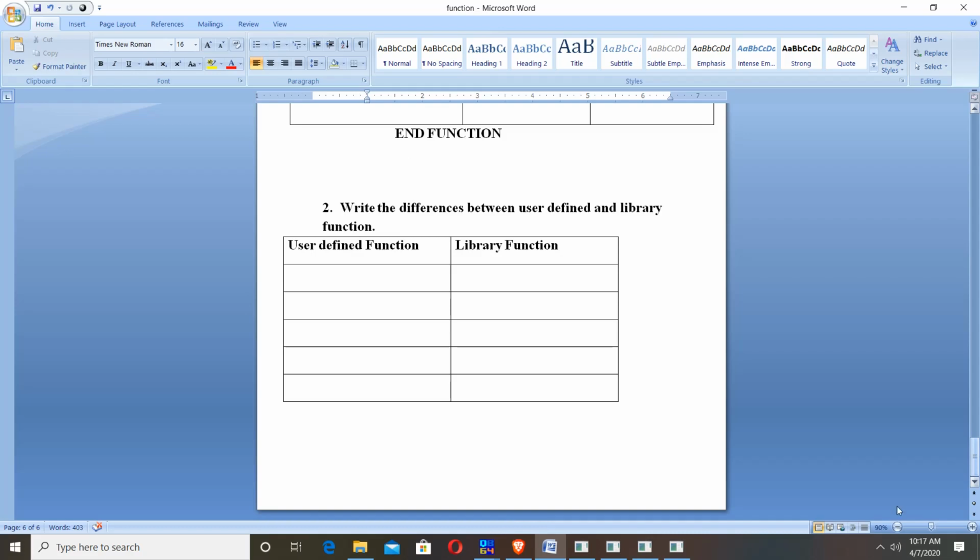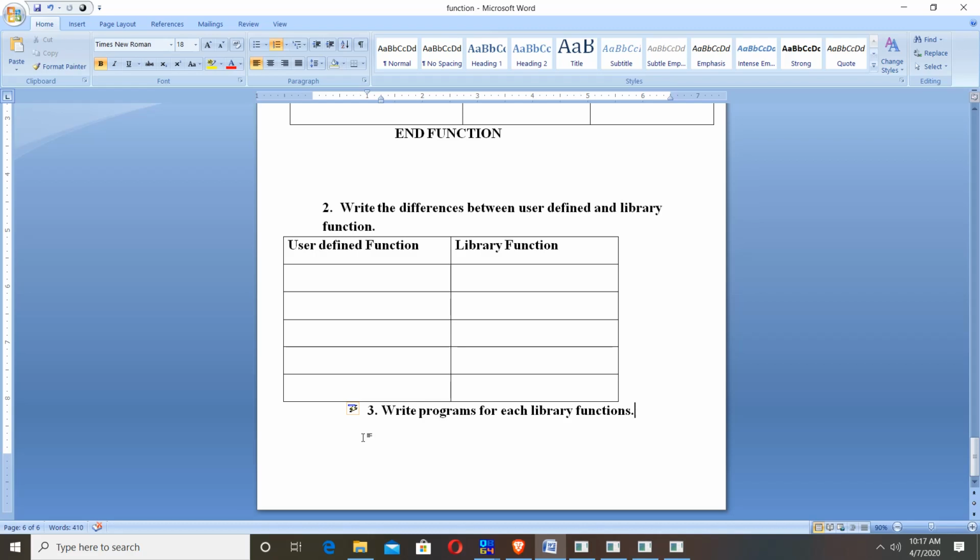Library function. And the third one is you can just write programs for each library functions.